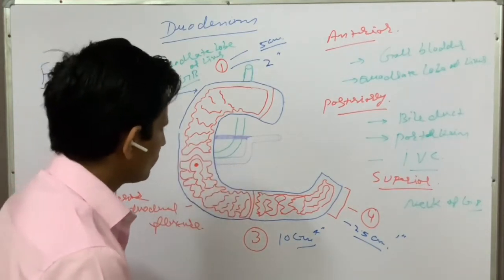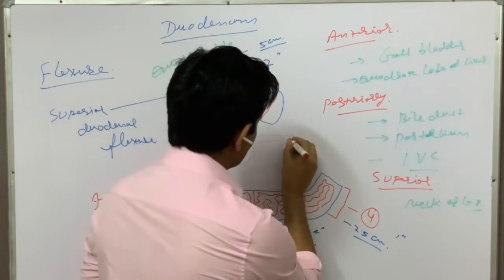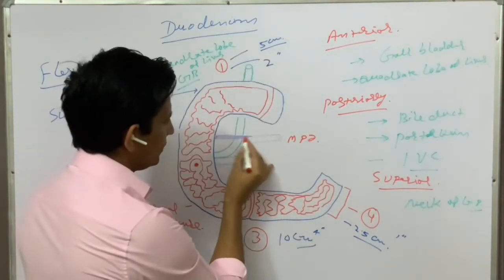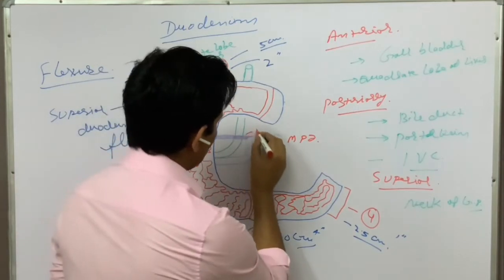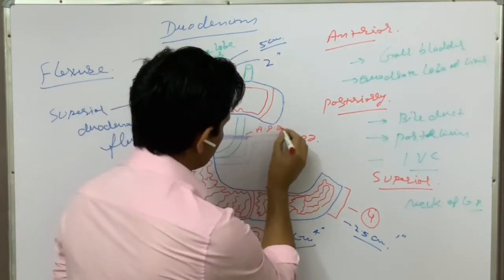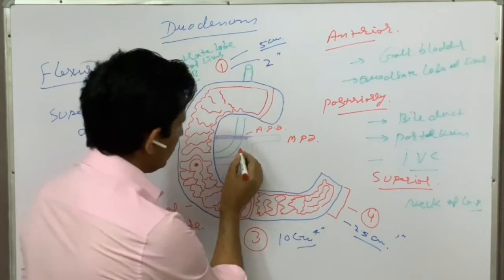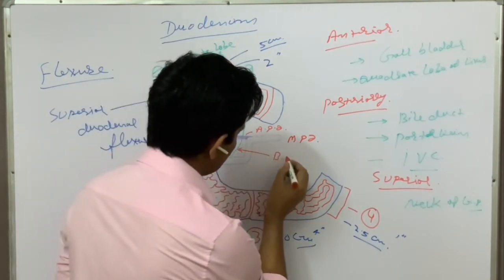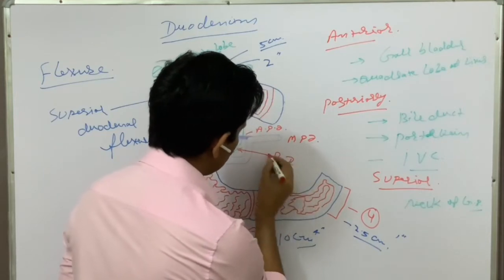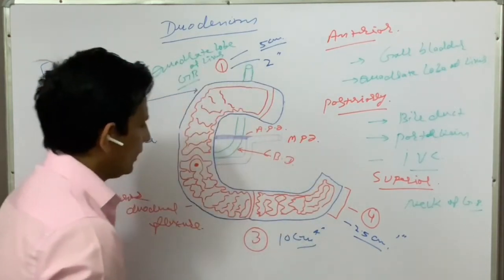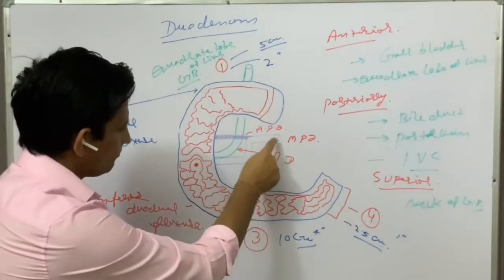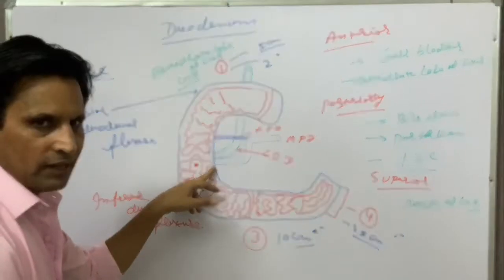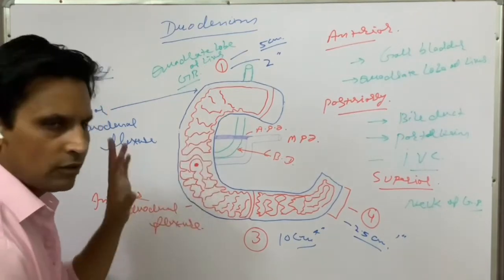Above this main pancreatic duct, there is an accessory pancreatic duct. This green colored duct is the bile duct, or the common bile duct, CBD. So these particular structures come to drain into the second part of the duodenum.